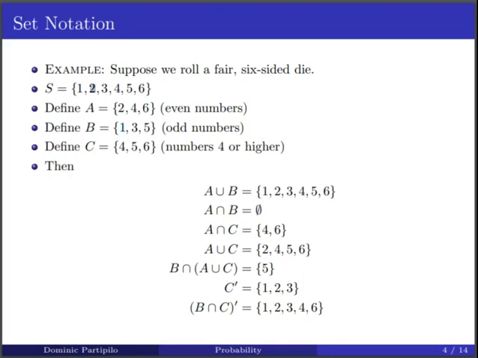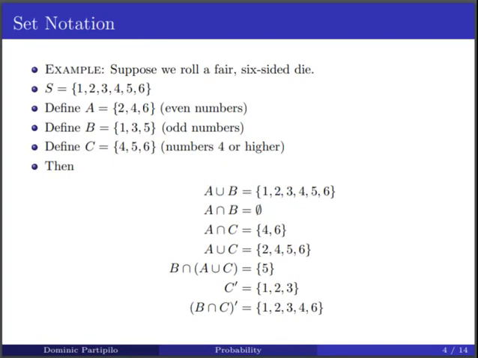We could say, is the number 2 in the event A or in the event B? Well, it's not in B, but it's in A, so we can include that in A union B. So if we did this for all of them, it looks like all 6 of these numbers are going to be in A union B.